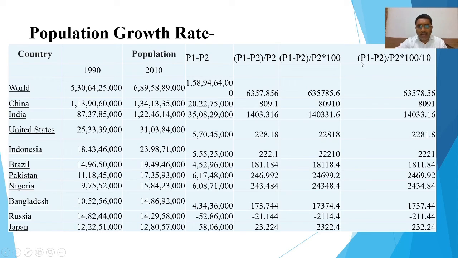Again, I have to divide it by 10. So I just divide by 10, giving 63,578. In the same way I calculate all these values and put them into the column. In a simple way we can calculate the values of each state or each country as well as the world.